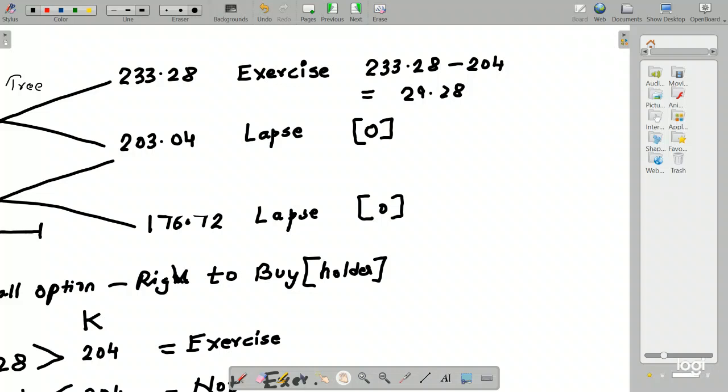Because everything we are discussing is based on the likeliness of the event, whether this will happen or not, whether the price will go up by 8% or come down by 6%, whether the price will be 233.28 or not. So I wanted to calculate that probability also, which happens to be the next step in this binomial, right?